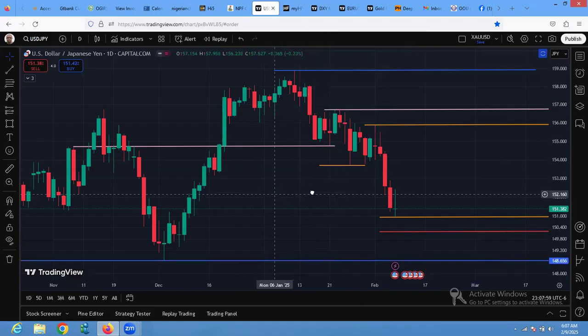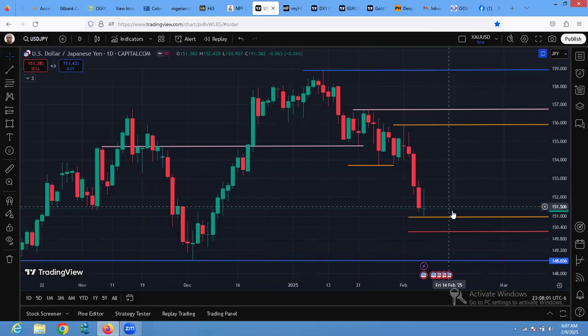So price should not break here. If anything breaks below here, don't continue to sell. Watch for price to correct to the upside and look for further down. If price should break this area, watch for price to correct.